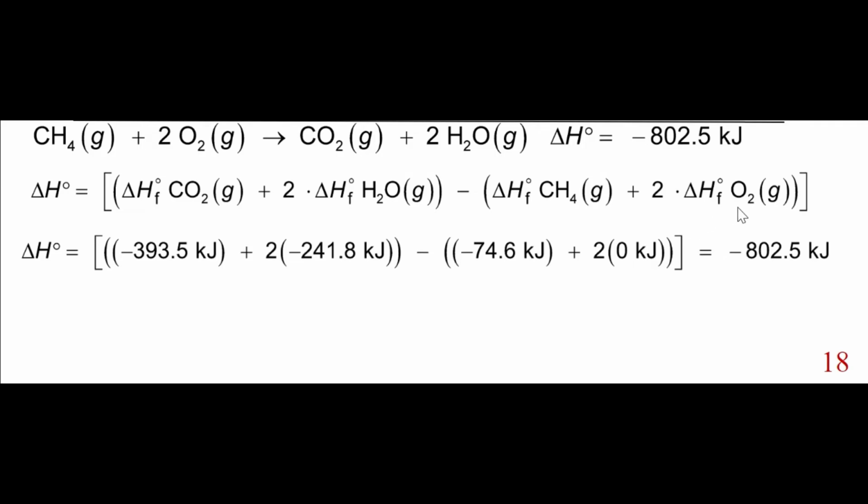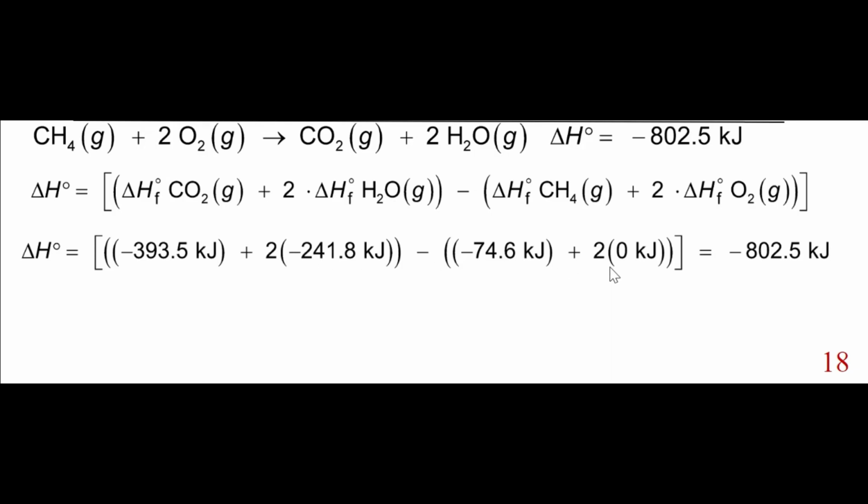Why do I have a value of 0 for O2? Because it's an element. In this case, oxygen exists as O2, so it's just going to be 0. Then what do we do from here to find our actual enthalpy? Well, we're going to take our products minus our reactants. That's it.